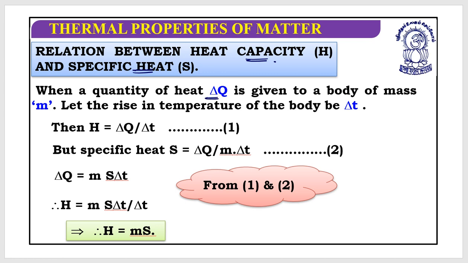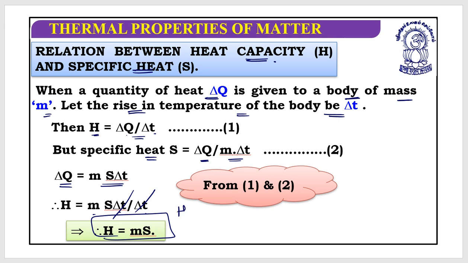When a quantity of heat delta Q is given to a body of mass m, suppose the rise in temperature of the body is delta T. Then heat capacity H can be written as delta Q by delta T, and specific heat as delta Q by m delta T. So delta Q equals m s delta T, and H equals delta Q by delta T, which is m s delta T by delta T. The delta T cancels.